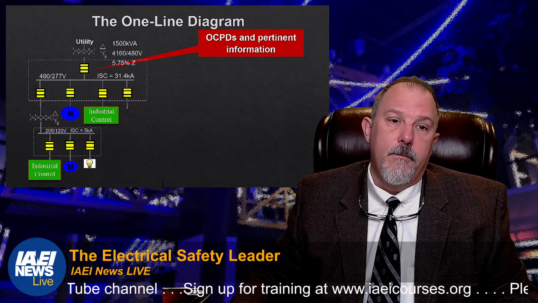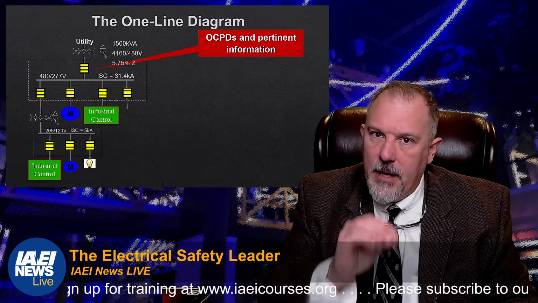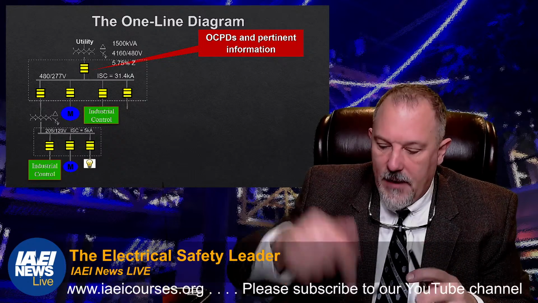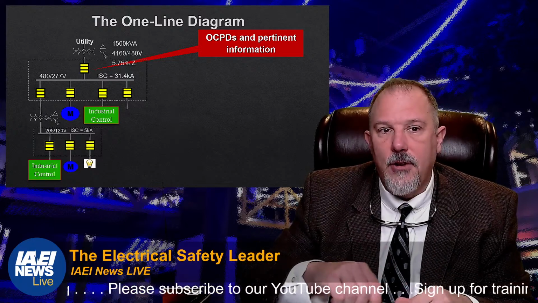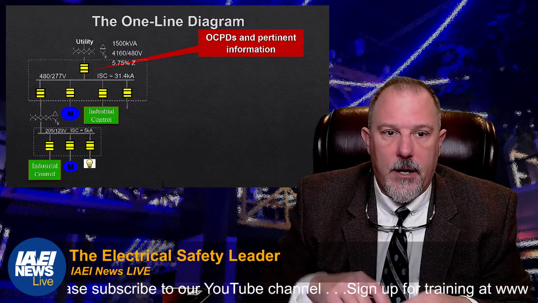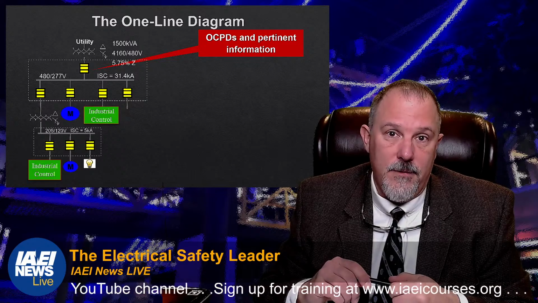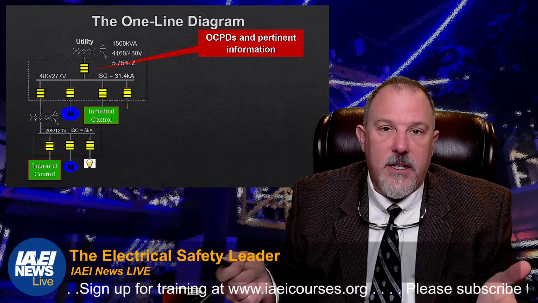And that's pretty much it. You want enough information, so you have to think about, what am I using it for? If I'm going to send this out for bid, the supplier is going to look at that overcurrent device and say, okay, I have a circuit breaker and it has ground fault. Now they know they need to have a ground fault, not just because it's 1,000 amps and above.